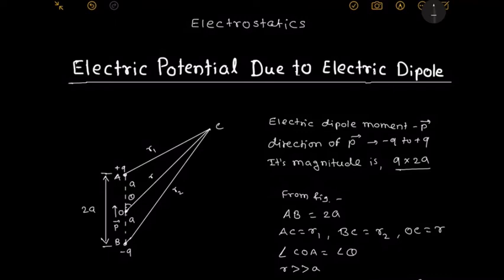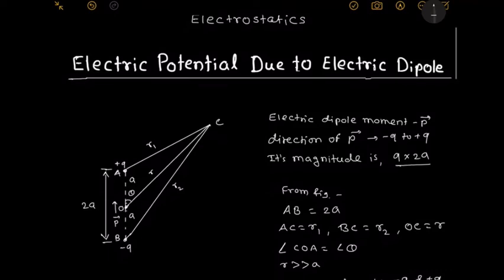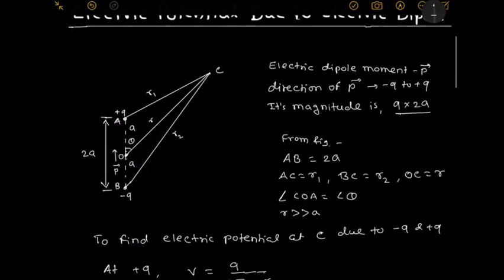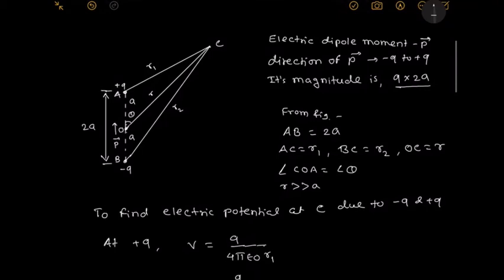Then we find the electric potential at point C due to the two charges separately. Hence, for the charge plus q, the electric potential at C is V equals q divided by 4 pi epsilon 0 into R1. That relation we derived earlier. This is due to plus q charge.